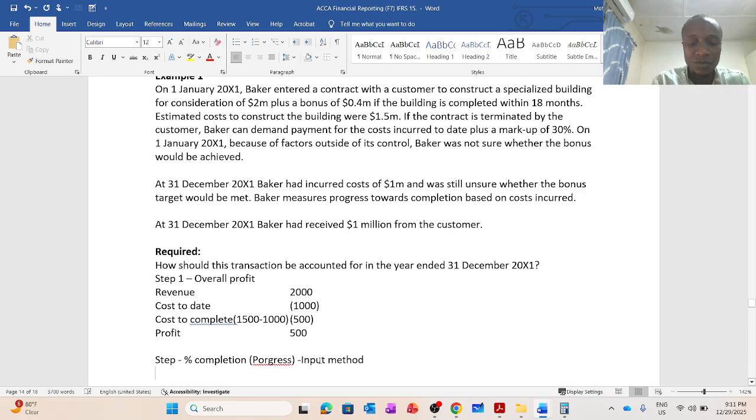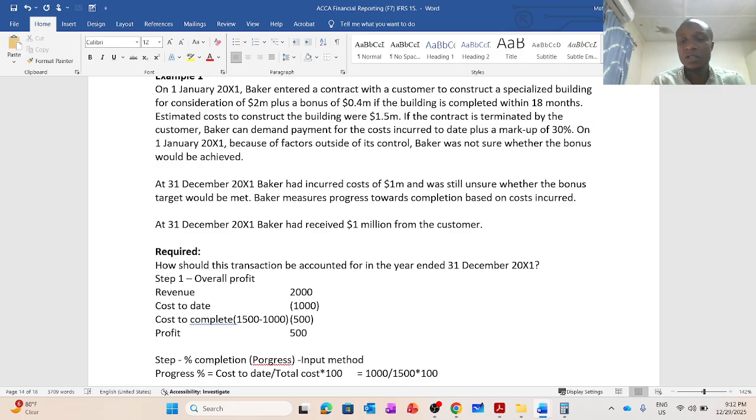So the percentage of completion, progress percentage, is equal to, since we are going to use the input method, cost to date divided by the total cost multiplied by 100. So basically, the answer will be 1000 divided by 1500 multiplied by 100.